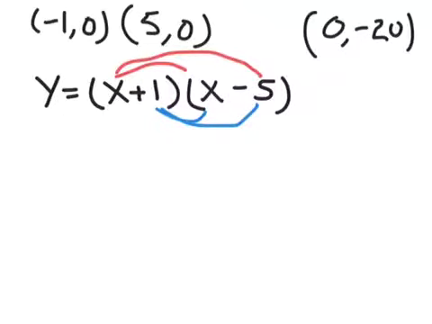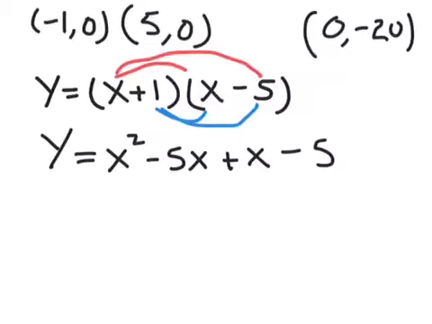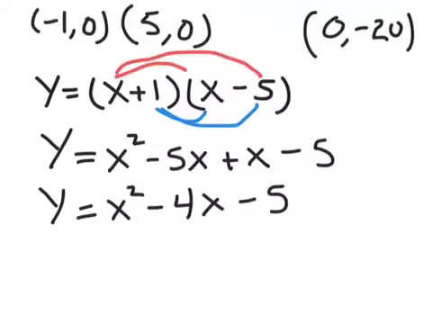I multiplied everything through, and I got x times x, x squared. x times -5, -5x. 1 times x, that's just x. 1 times -5, that's -5. Now I'm going to combine all that, and I get y equals x squared minus 4x minus 5. All right, there's my equation.